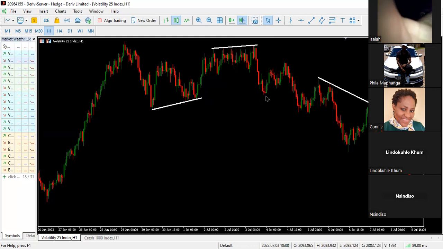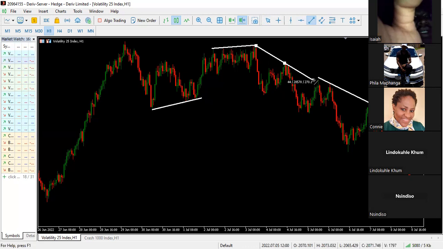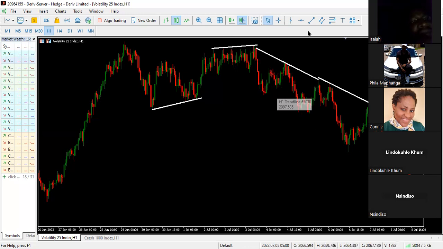Starting from where? This one is correct. See where you ended the trend line. Then start from where you end. Yes, it is correct. Let me just remove this. Also down there, yes, it is correct. This one.